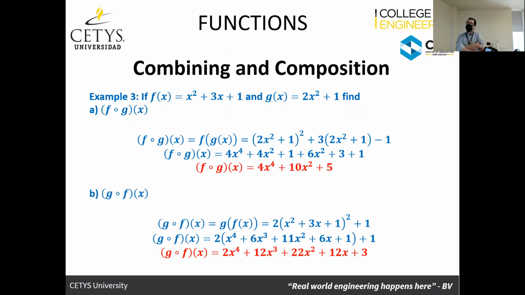We've got f of x is x squared plus 3x plus 1, and g of x is 2x squared plus 1. This is the complete result, but let me do it over here in the whiteboard just so we've got the steps to it.